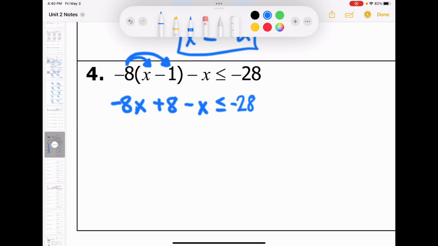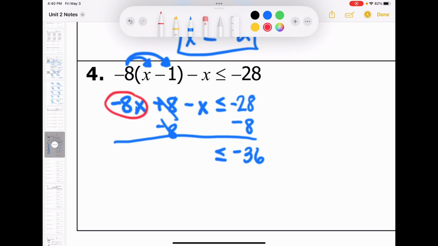Now I need to get all of my regular numbers on the right side. So to move that positive 8, I'm going to subtract 8 on both sides, which gives me negative 36. And then I'm going to combine my like terms of negative 8 and negative x. And that's going to give me negative 9x.